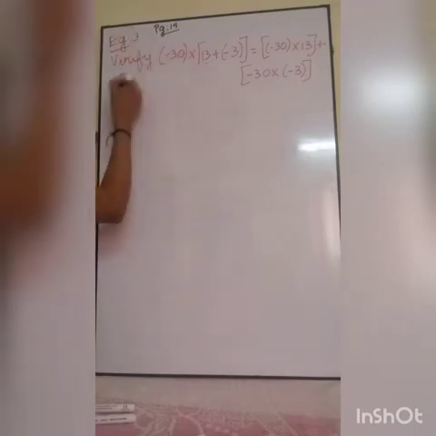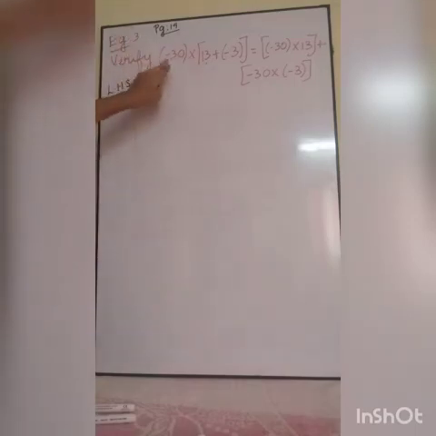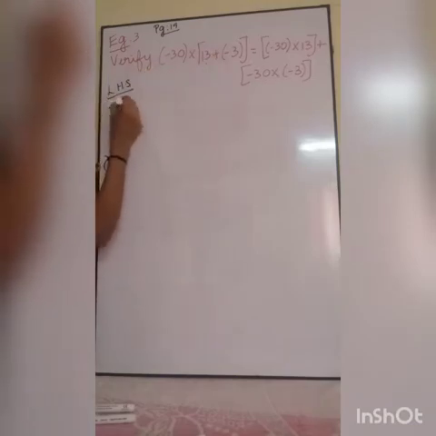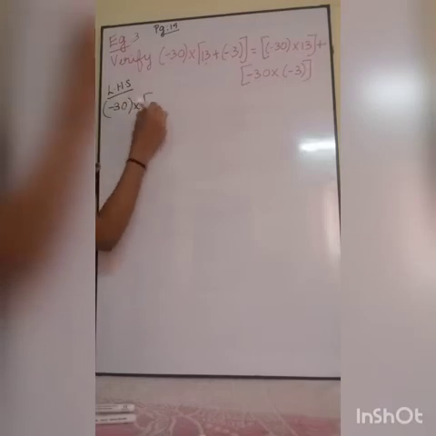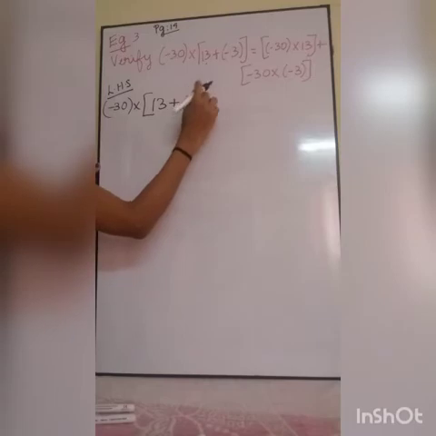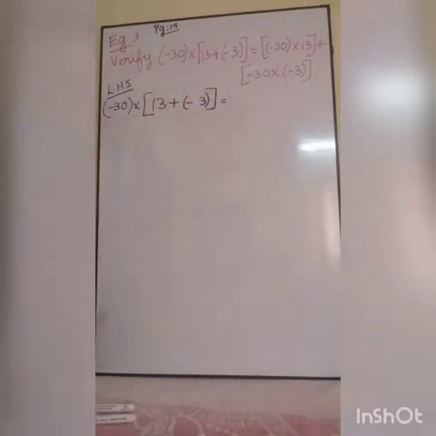Now, I am going to take the LHS part, which is my left hand side. So minus 30 into 13 plus minus 3. This is my LHS part.